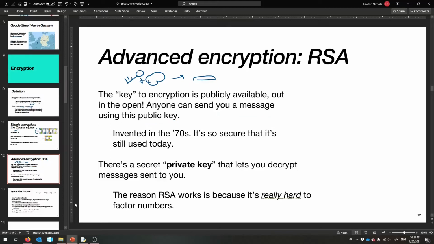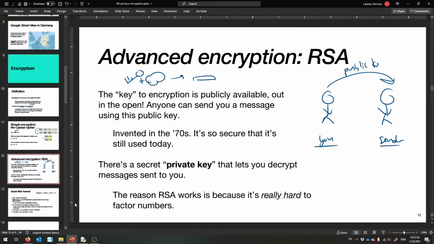Okay, so here is you who wants to receive something, and here's the sender. You are sending across to everybody your public key.